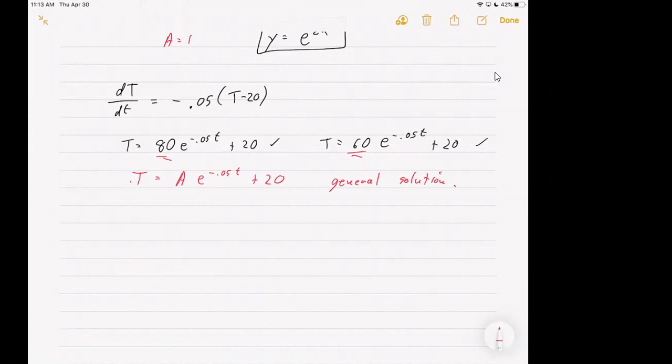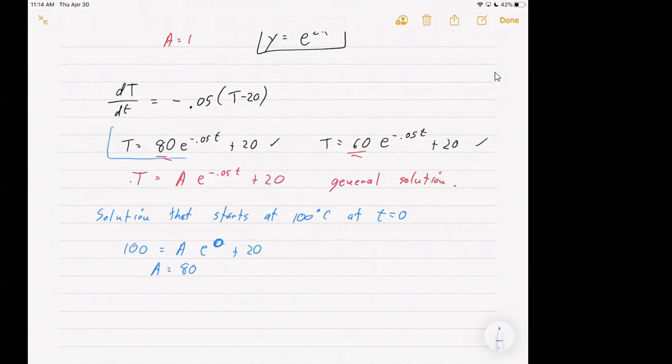Well, if we want an initial value solution, let's find the solution that starts at 100 degrees Celsius at time 0. So let's substitute in 100 for the temperature: 100 equals a e to the negative 0.05 times 0, which is just e to the 0, plus 20. e to the 0 is 1, so a must be 80.